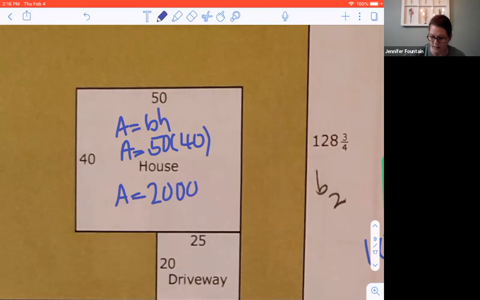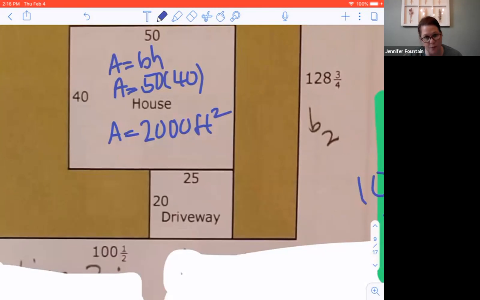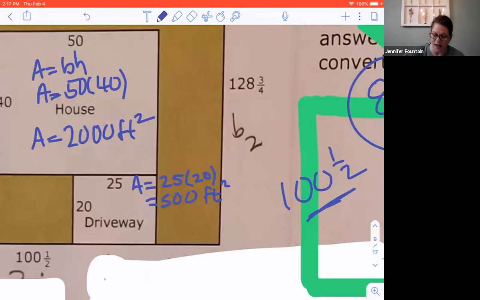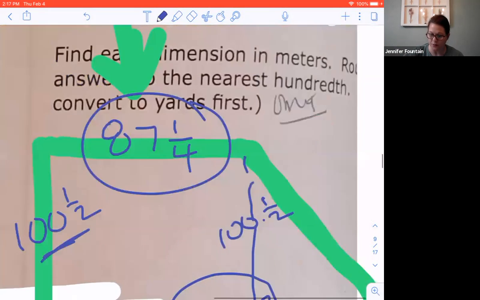So that's going to be 2,000 feet squared. Now I've got to look at my driveway. My driveway is 20 by 25. So area equals 25 by 20. 25 times 2 is going to give me 50, and I add a 0 on the end. So that's going to be 500 feet squared. So all in all, my house and my driveway together are going to be 2,500 feet squared.